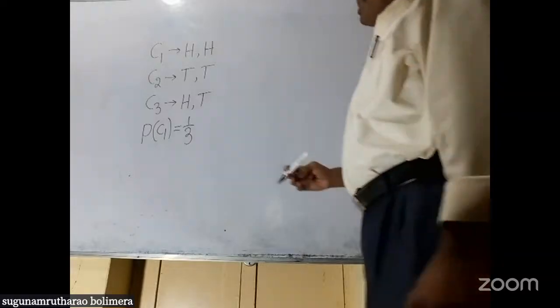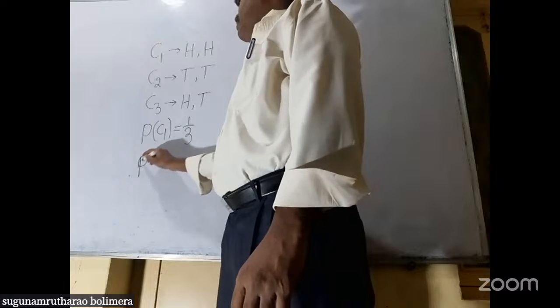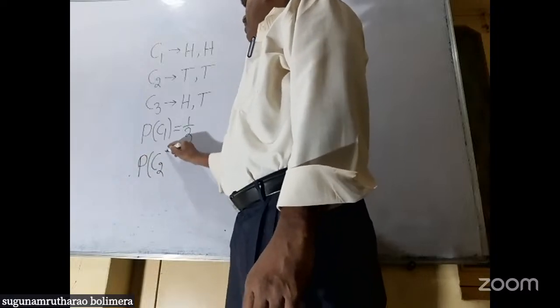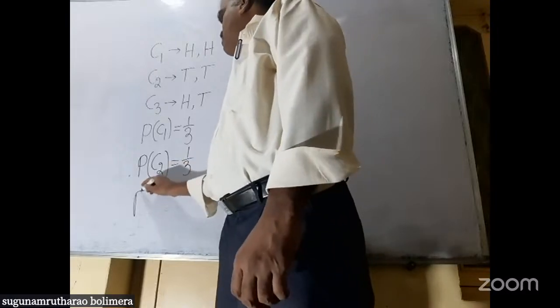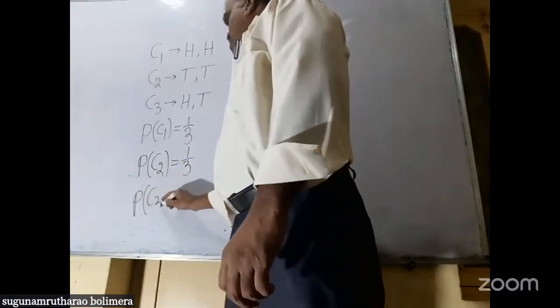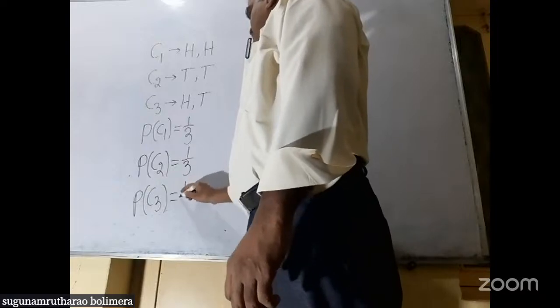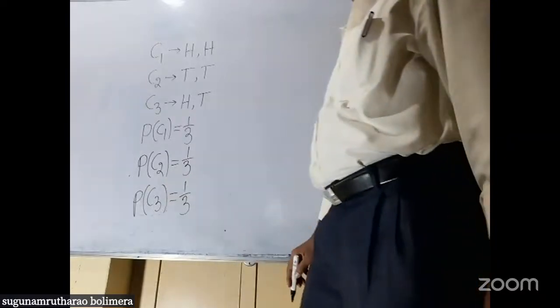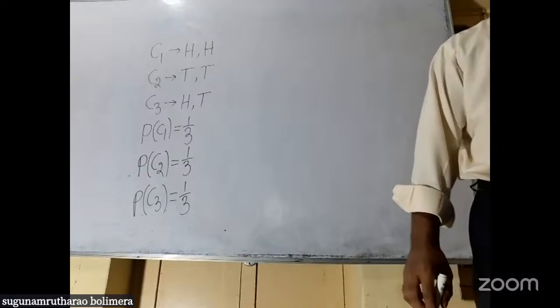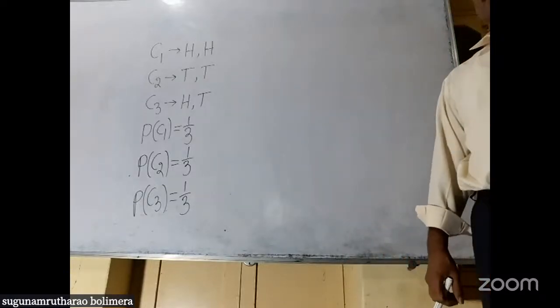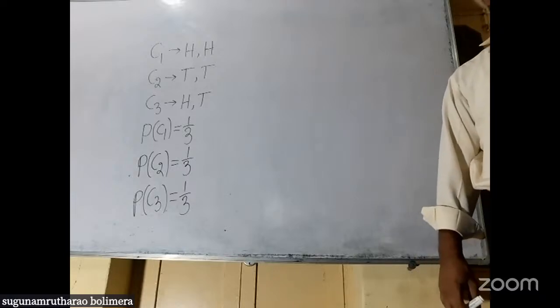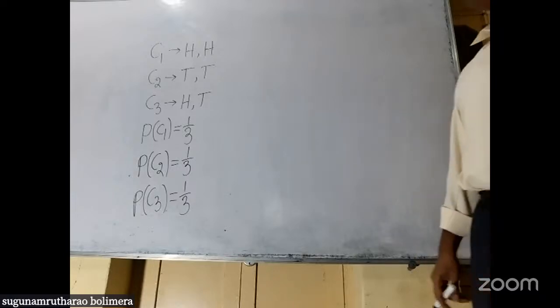P of C1 equals 1 by 3, P of C2 equals 1 by 3, P of C3 equals 1 by 3.